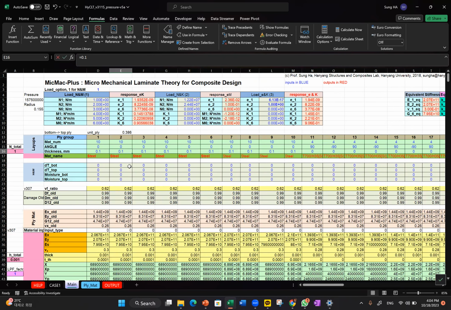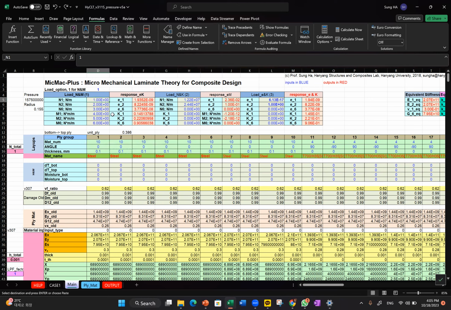Or if we only consider one ply, just a steel plate, you can copy and paste. So this means that we only have one ply, a steel plate 0.1 millimeter thick, and then we apply this much load. Then we're going to have this much strain and curvature. Okay, so let's consider only 10 plies of isotropics.